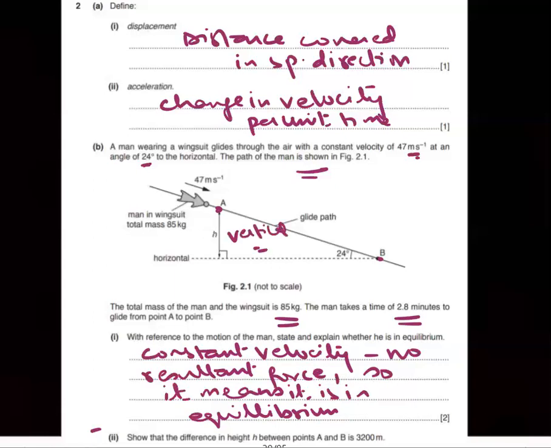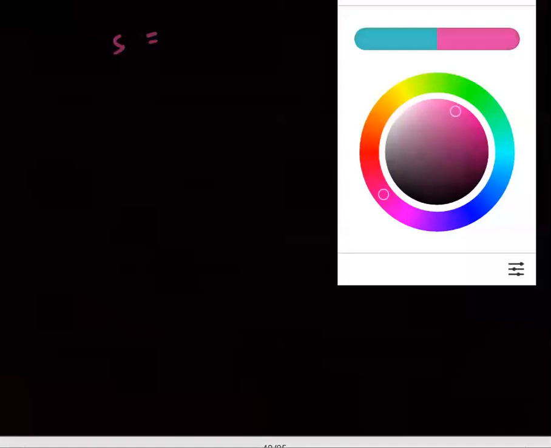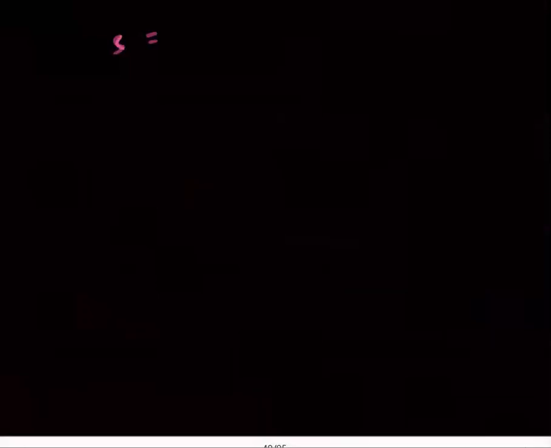How will we calculate the vertical component first of all? The vertical component of velocity would be calculated as 47 into sin 24.